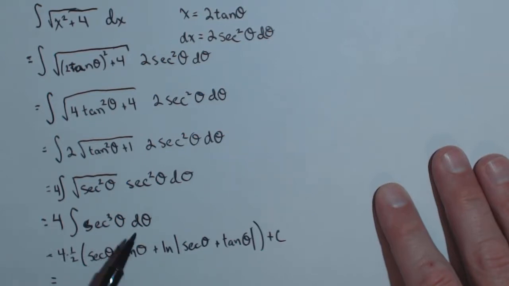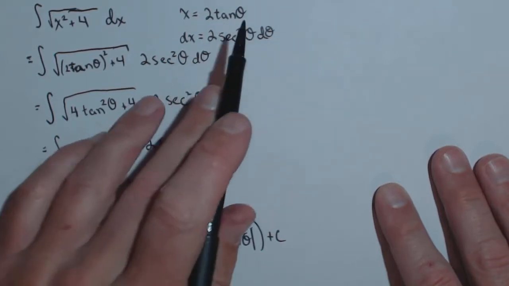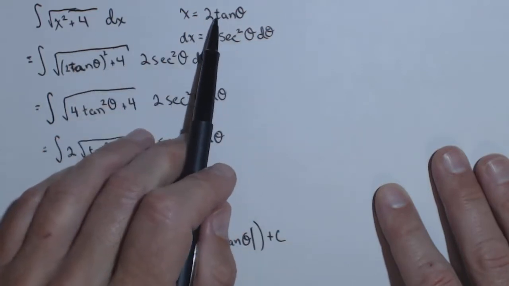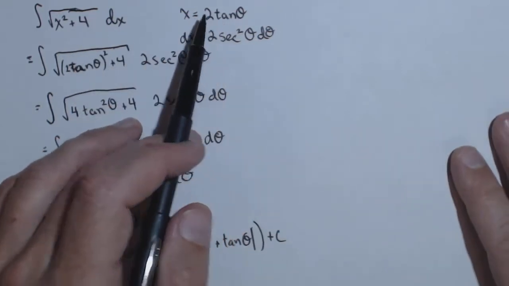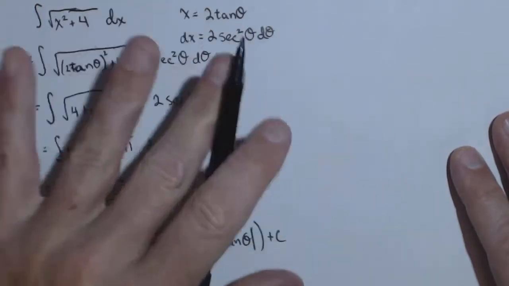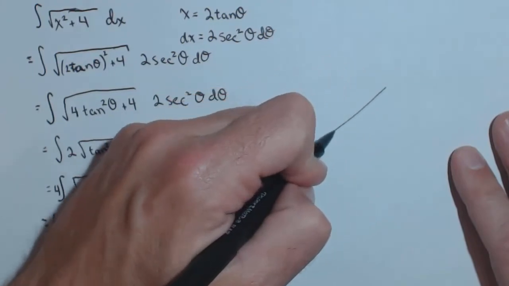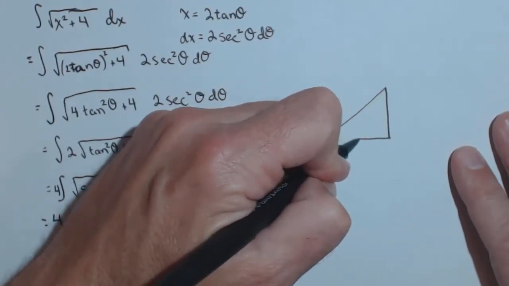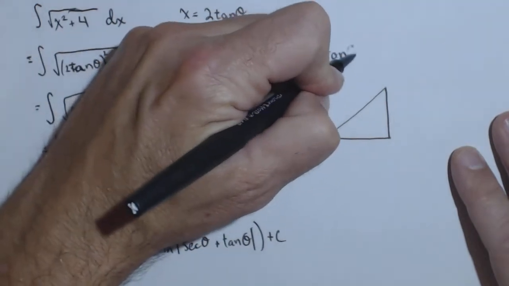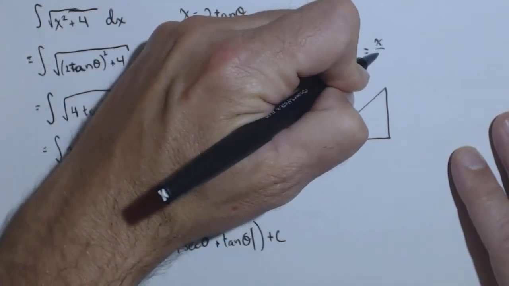But we need to get our final answer in terms of x. We started in terms of x. We want to end in terms of x. So we know that x equals 2 tangent theta. So let me show you how you can get this all in terms of x. There's different ways. I like using a right triangle method. And if x equals 2 tangent theta, then tangent theta equals x over 2.